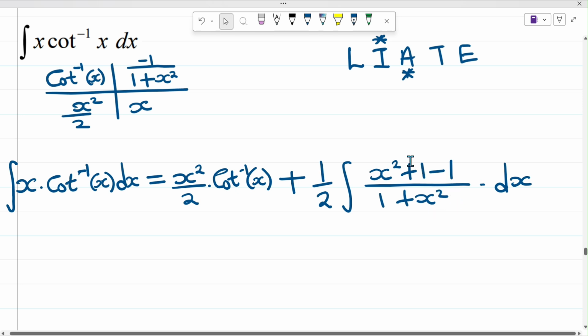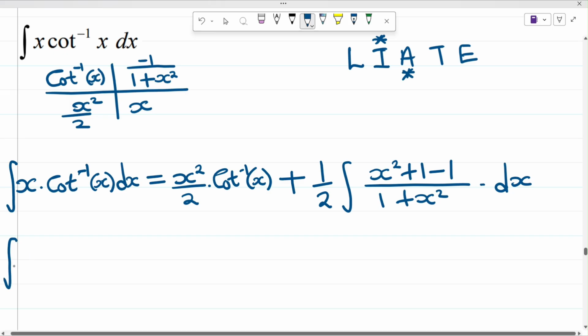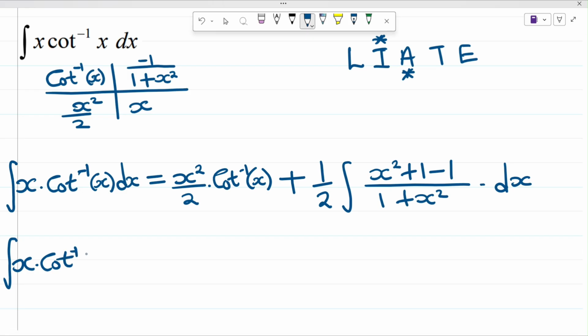So what I'm gonna do now is just to split. So let's copy everything down again. It's gonna be the integral of x multiplied by the cot inverse of x multiplied by dx. It's equivalent to what?